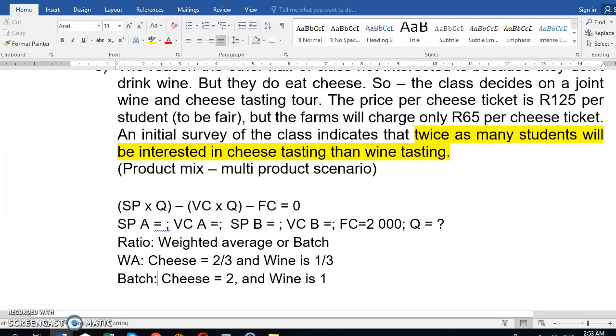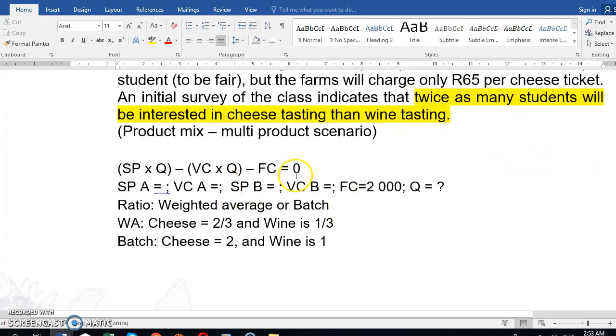So now I'm going to show you how simple it is. You still just apply this formula. The only difference is now we're going to have selling price of, let's call it small a, times quantity minus variable cost of small a times quantity.